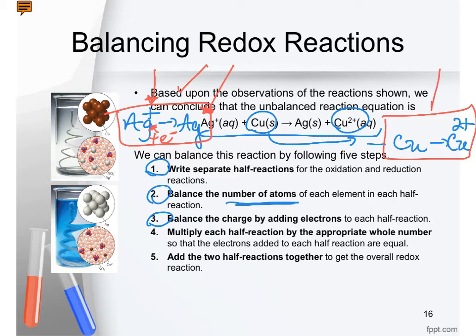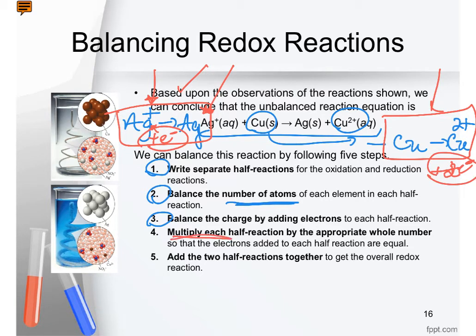Then the other half reaction would also ideally only have 1 electron. Okay. If they have different amounts, so let's say in the half reaction with copper, we had to add 2 electrons to balance the charge, which we do. And the one up here, we only added 1 electron.